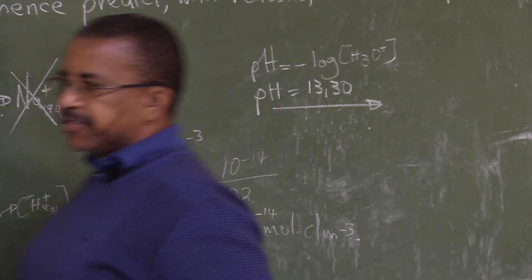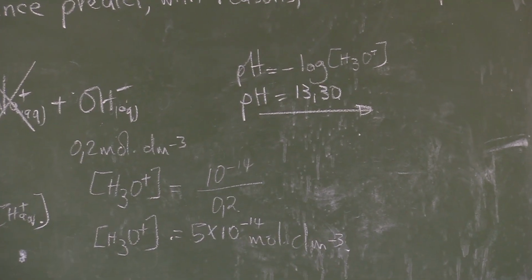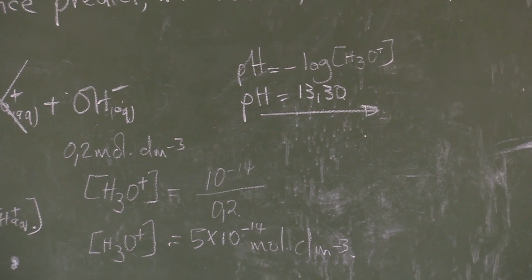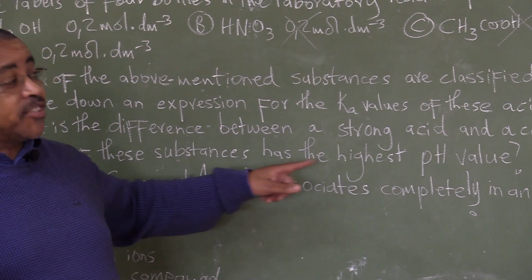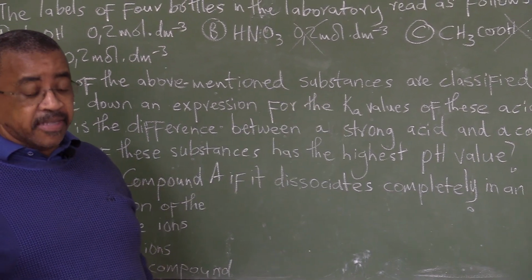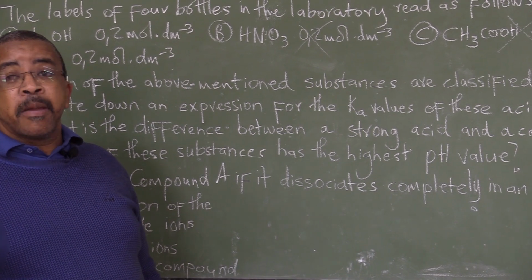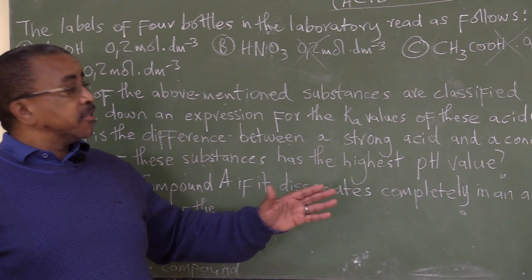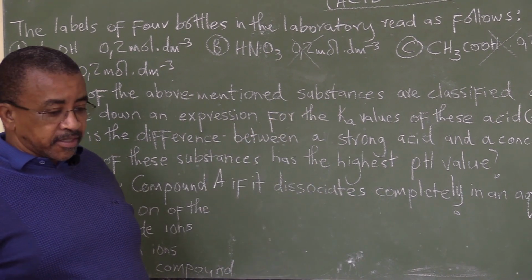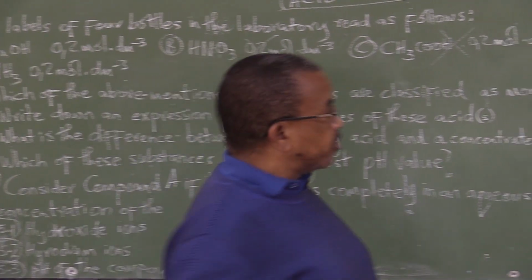That is the pH. You can see how large the pH is, 13.3, which shows it is the substance that has the highest pH value. You know that pH ranges between 0 and 14. So we have this 13.3.